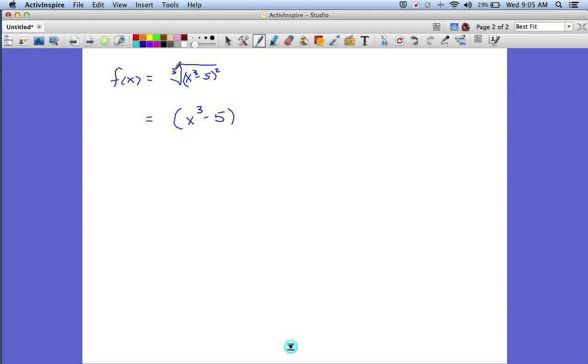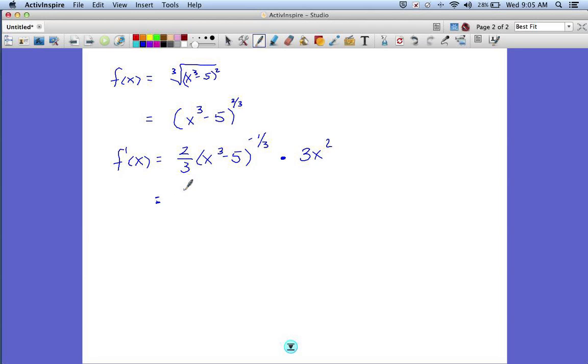We know cubed roots are the same as 1/3 powers, so I can write this as a 2/3, combining it with this 2. And now it looks a little bit more manageable. So the power rule says 2/3 times x cubed minus 5 to the negative 1/3, right? Subtract 1, and then don't forget the chain rule says times 3x squared.